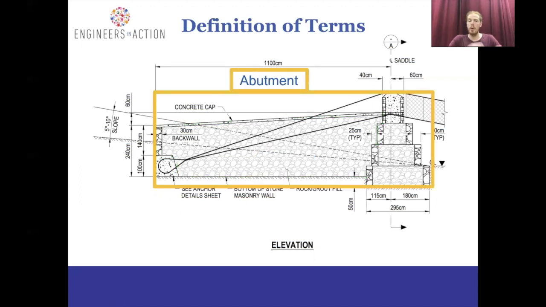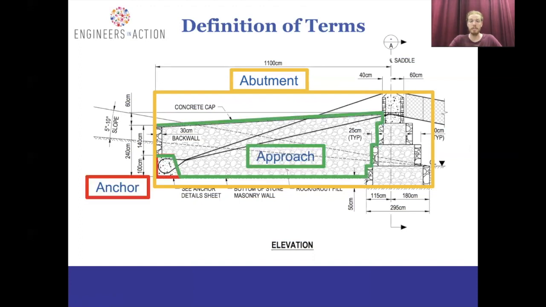And this whole thing is what we call an abutment. It's the whole size, so this would be the left abutment from this view, because the river's to the right here. Typically in suspended bridge designs, we have two abutments, one on the left, one on the right, supporting the cables and anchoring them into the ground. So there's all three of those terms together.